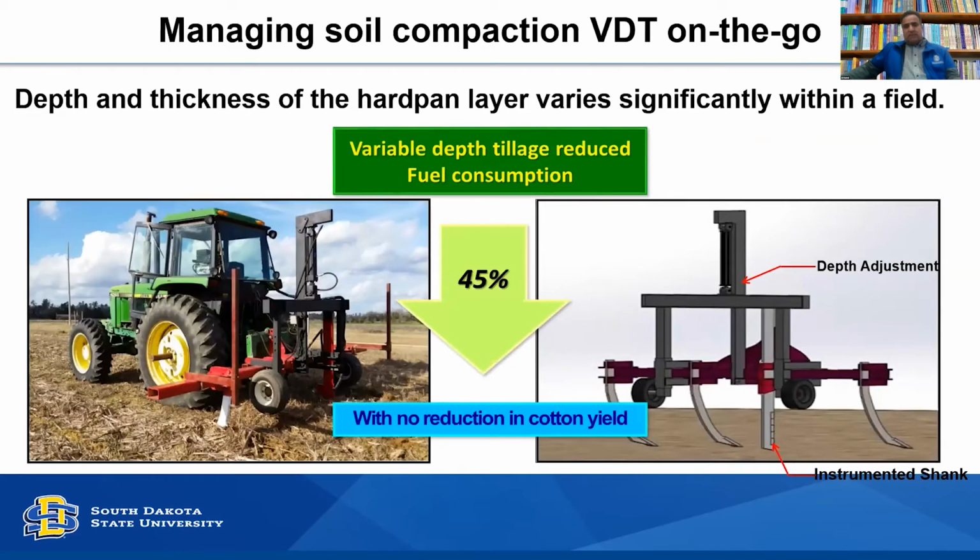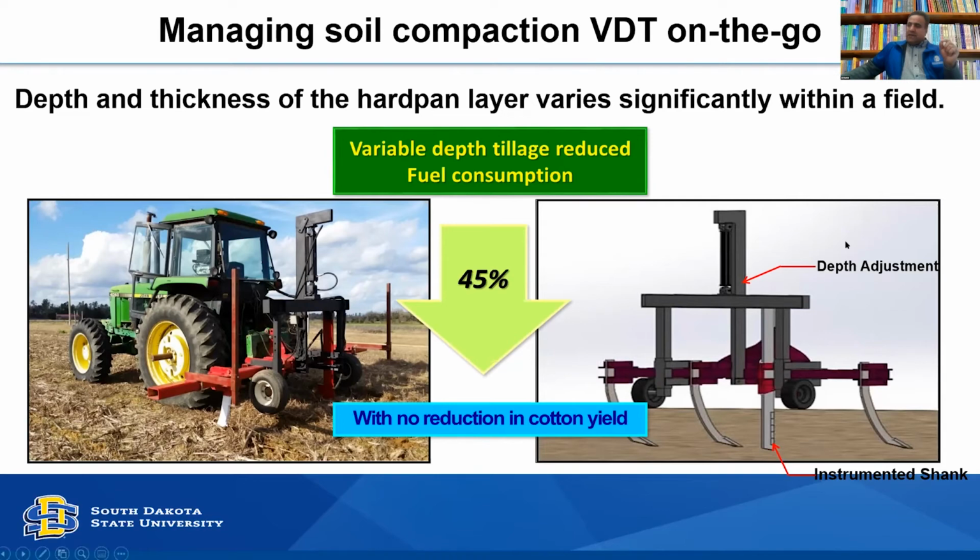For managing soil compaction, as I mentioned, we needed to detect the depth as well as the thickness of the hard pan. So we designed this instrumented shank. We have load cells on it, and we drag this one shank into soil. With these readings, we get the thickness and the depth of the hard pan.